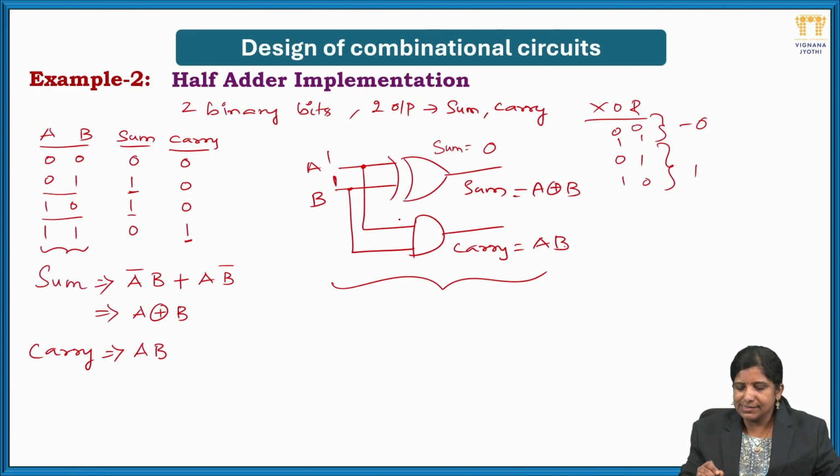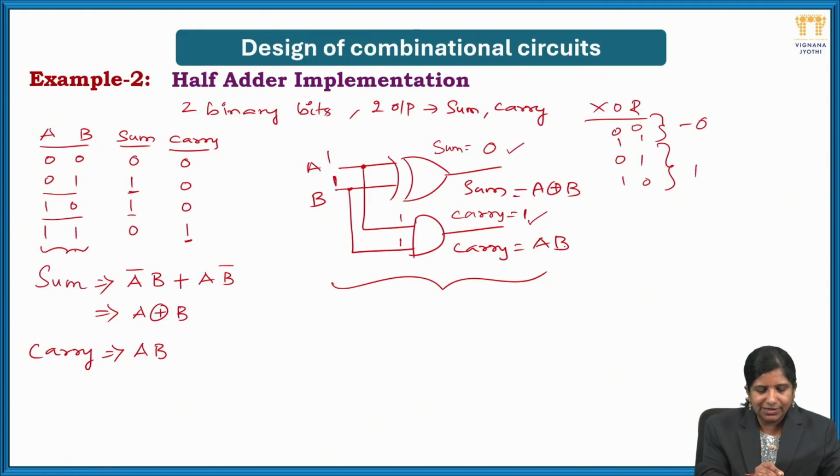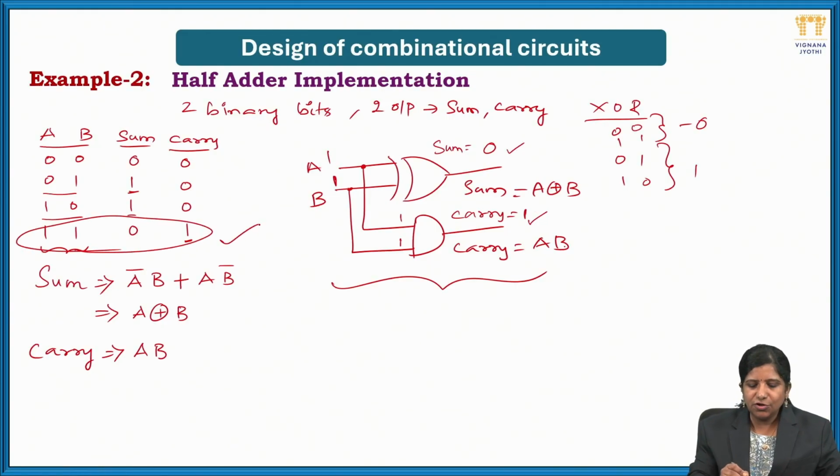Now 1, 1 is given as input for the AND gate, so the carry becomes 1. So for 1, 1 input, I am getting the sum as 0, carry as 1. Check the truth table. So you got the same thing. So my logic diagram is working as a half adder, which is used to perform the addition of two binary bits, and it is generating two outputs, sum and the carry.